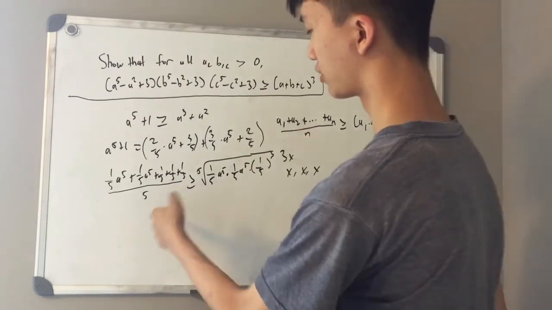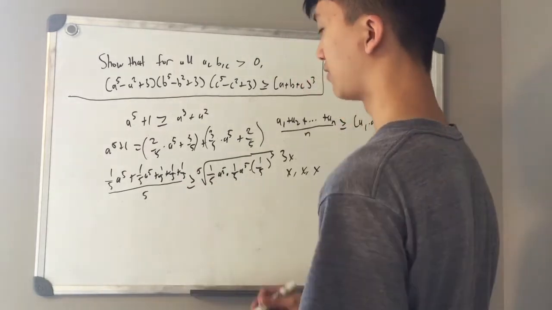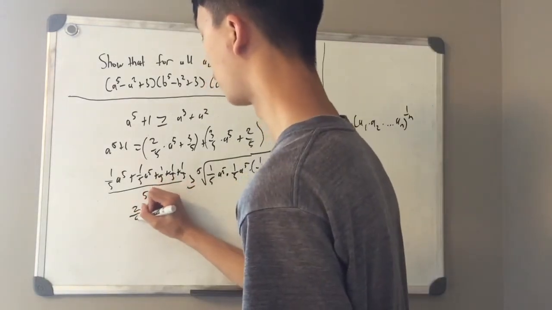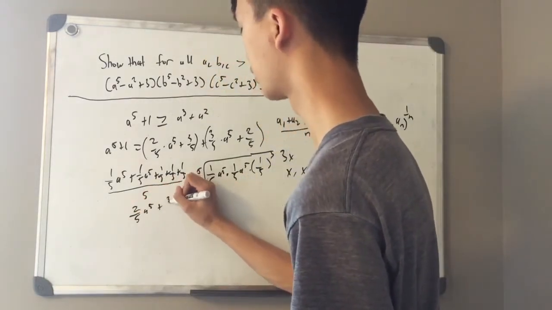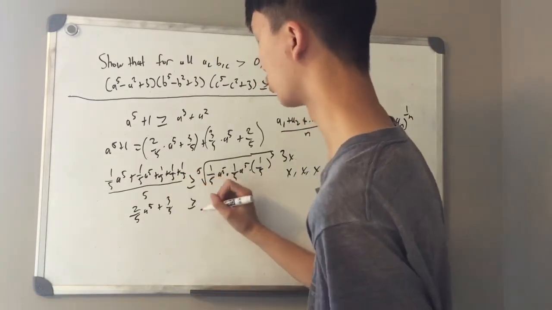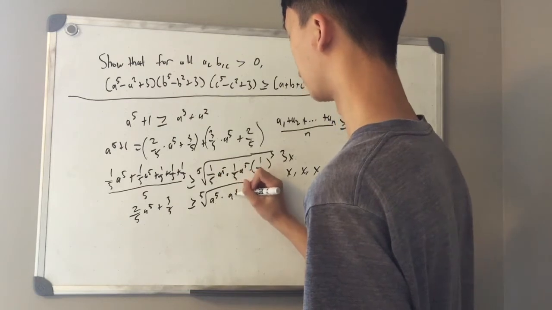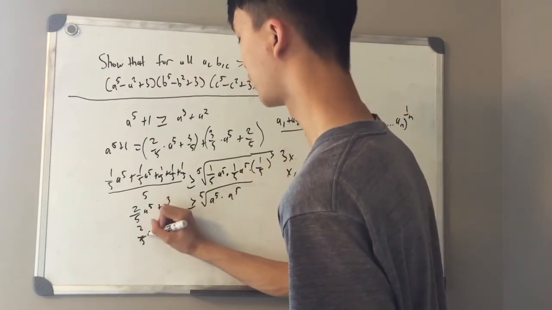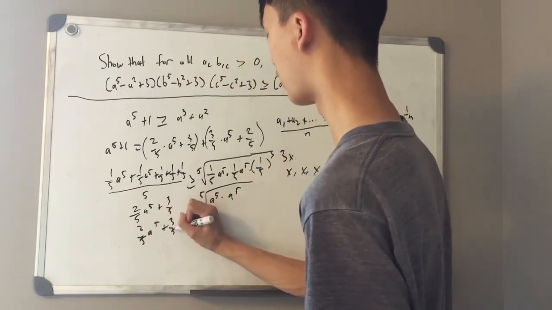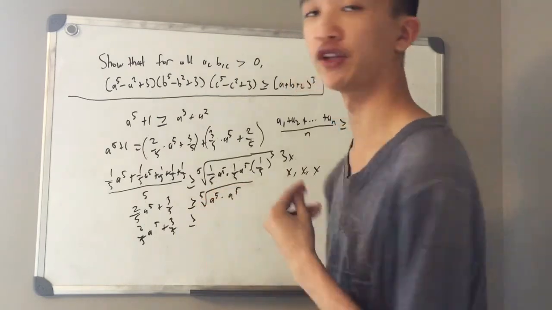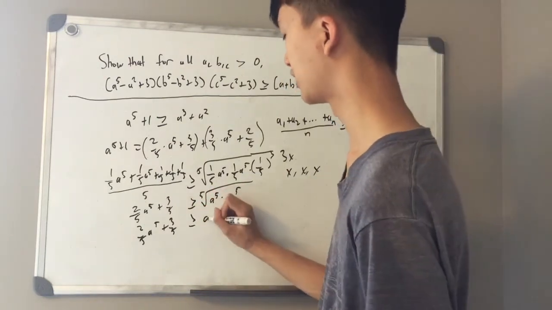So now multiplying both sides by 5 and then taking out the 1 over 5 gives us 2 over 5 times a to the 5 plus 3 over 5 is greater than or equal to the fifth root of a to the 5 times a to the 5. And so we have 2 over 5 times a to the 5 plus 3 over 5 is greater than or equal to the fifth root of a to the power of 10, or a to the power of 2.